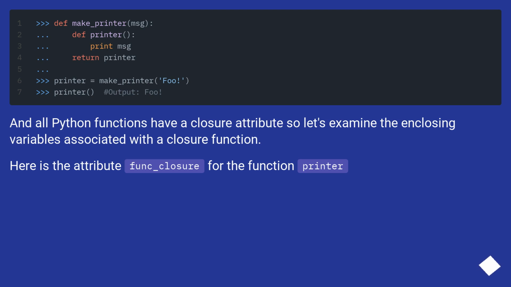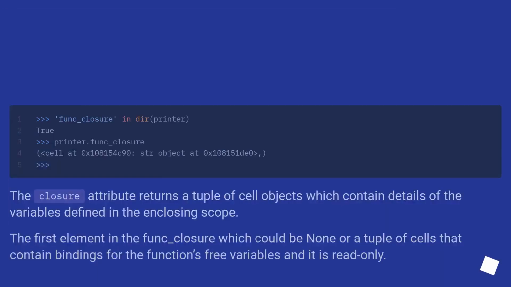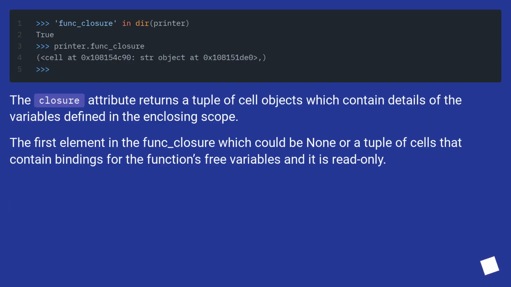Here's the attribute func_closure for the function printer. The closure attribute returns a tuple of cell objects which contain details of the variables defined in the enclosing scope. The func_closure is either None or a tuple of cells that contain bindings for the function's free variables, and it is read-only.